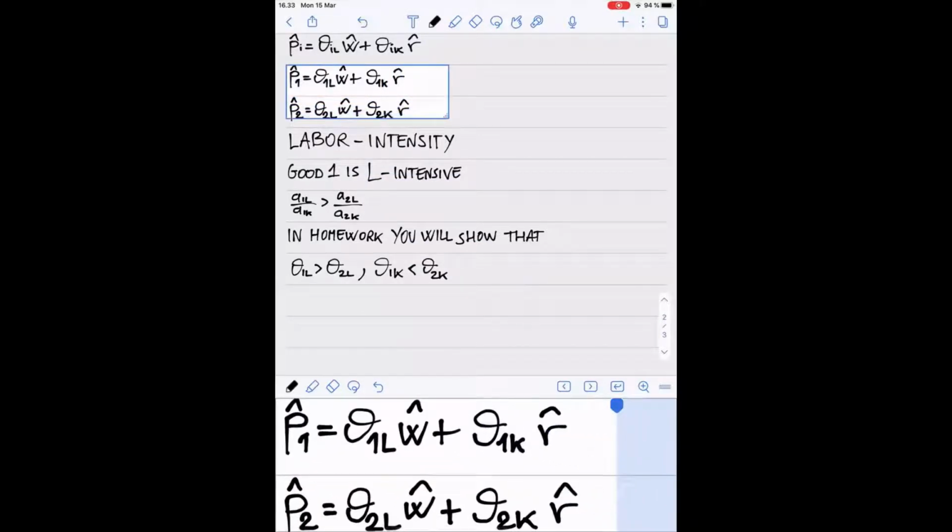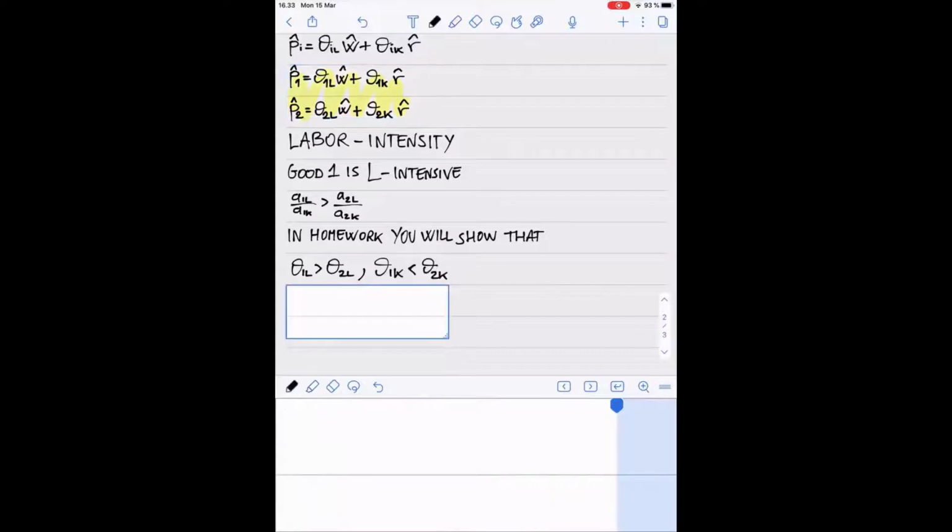because now what we want to do is write the two pricing equations, P1, P2, in matrix notation. So what are we going to do?